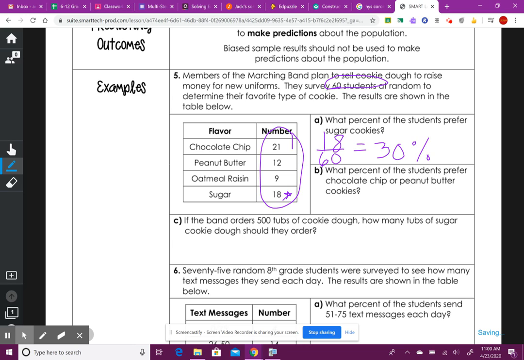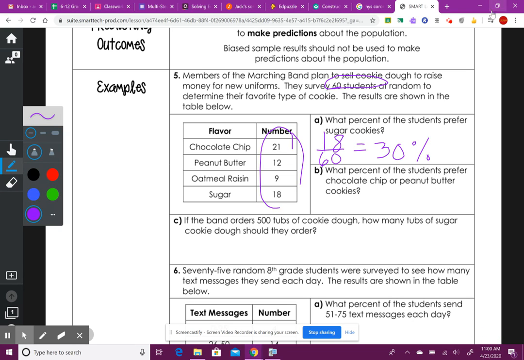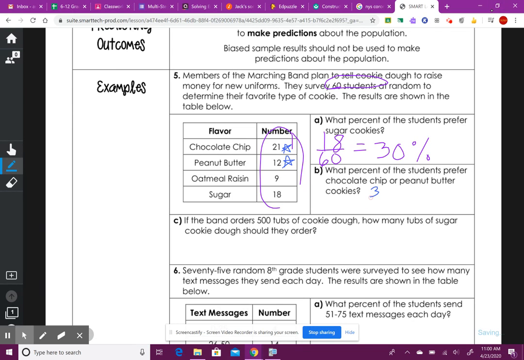So what percent of the students prefer chocolate chip or peanut butter cookies? Now, this is a little trickier. You have to think about, in the table, how many like chocolate chip and how many like peanut butter, and add them together. So here we have chocolate chip and we have peanut butter. Add them together, that gives me 33.